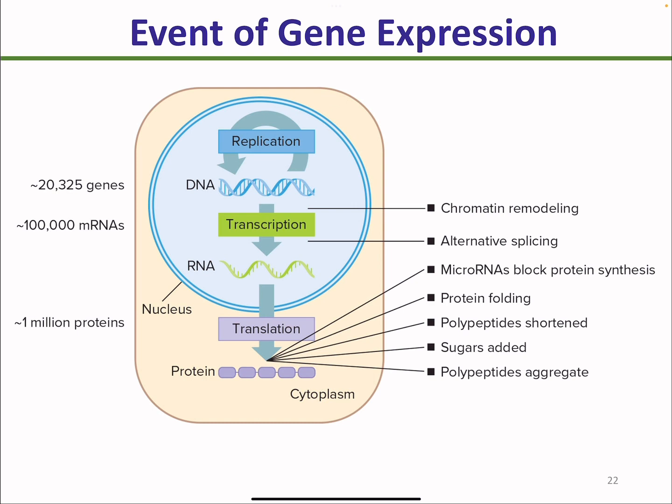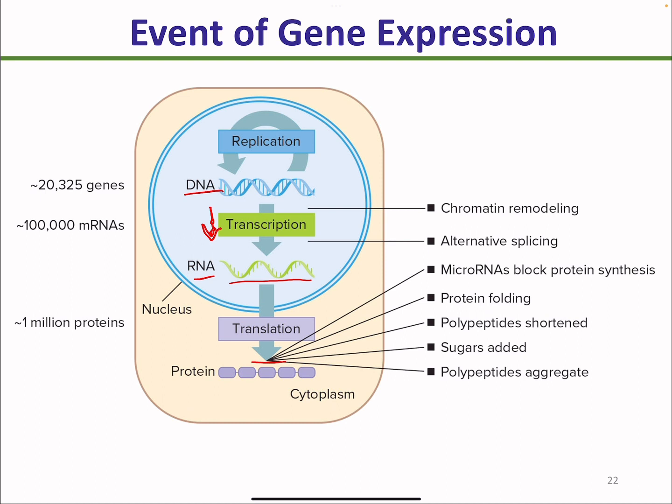All right, so during gene expression, DNA is transcribed into RNA. So we go from DNA to RNA. The RNA is going to be, first of all, modified in the nucleus. And from there, that RNA is going to come into the cytoplasm.